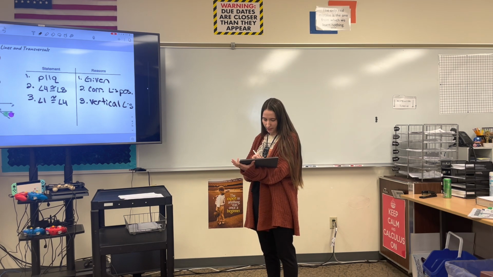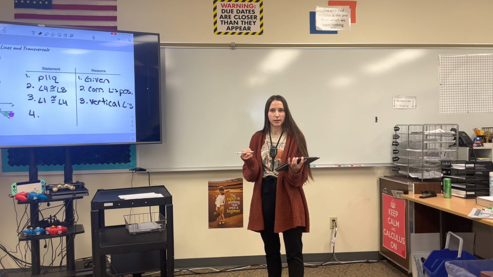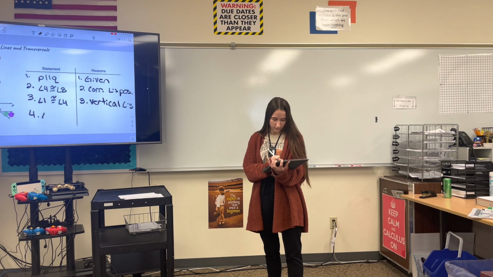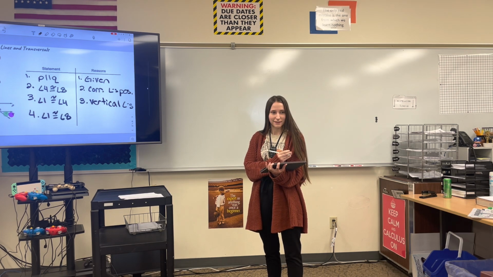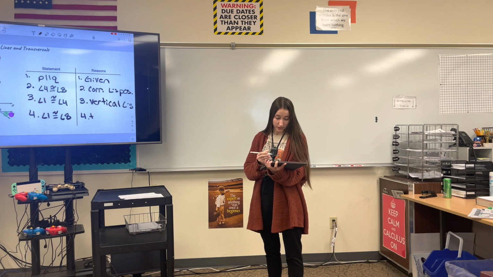Awesome, so this is looking pretty good. I think I only have one more step. Could anybody tell me what that might be? What do you think, Atlas? Angle 1 is congruent to angle 8. Why can I do that? Transitive, yeah, I've heard it a couple places, awesome. Or substitution property. True, substitution would work too, because I'm given that 1 is congruent to 8.